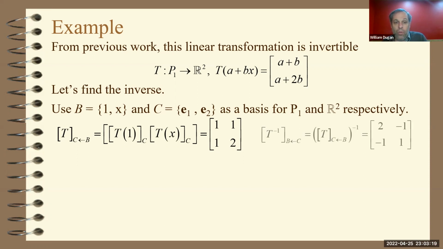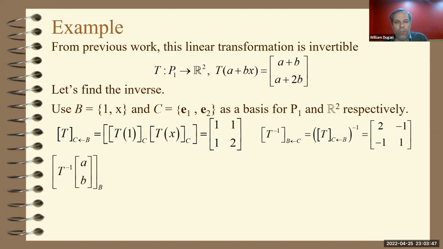So if I want to know the inverse of that transformation from C to B, that's equal to the inverse of the matrix of the transformation T from B to C, which I just know. So I just take the inverse of that matrix. That's the matrix for the inverse transformation relative to the bases C and B. So it's from C into B.